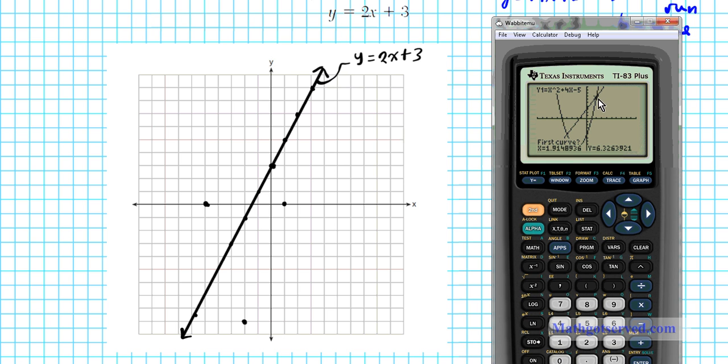When it says first curve, you move your cursor to somewhere close to where the intersection you want to calculate is located. Press enter. And then it says second curve, make sure your cursor is close to where the intersection is. Press enter, it says guess. Press enter, and you can see it's 2, 7. 2, 7 is the second intersection.